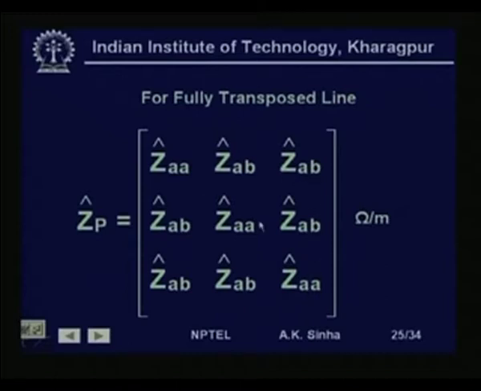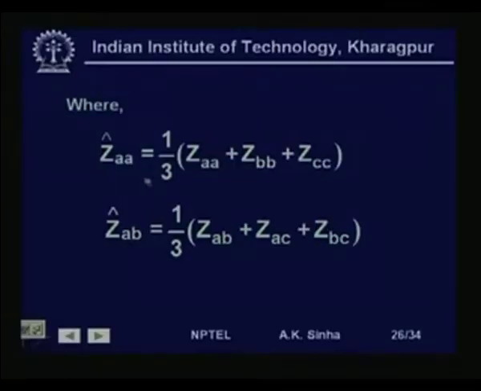This matrix will give me the series impedance of the transmission line with ground return. So, Z_AA is equal to, as I said, the average value, and Z_AB will also be equal to the average value, the mutual and the self will be given by these 2 relationships.